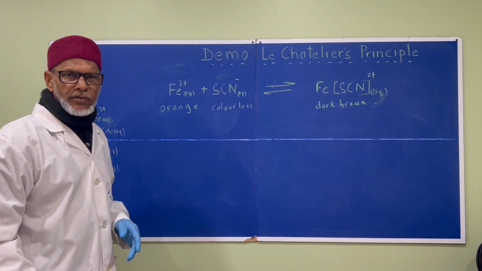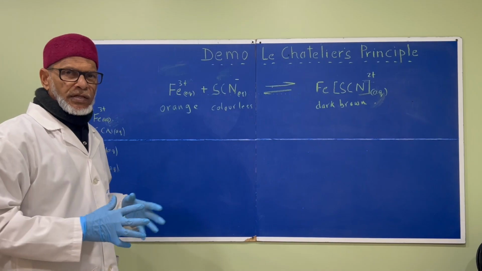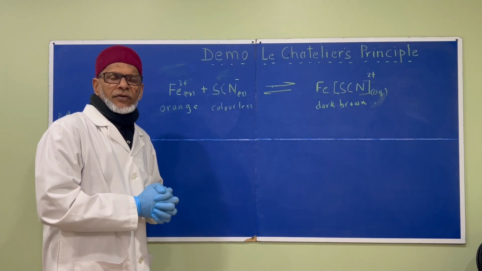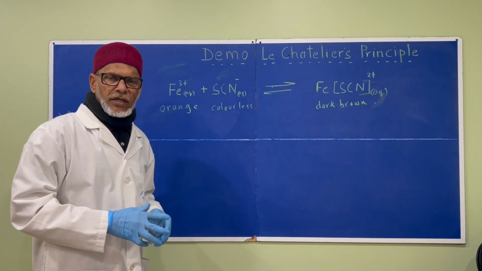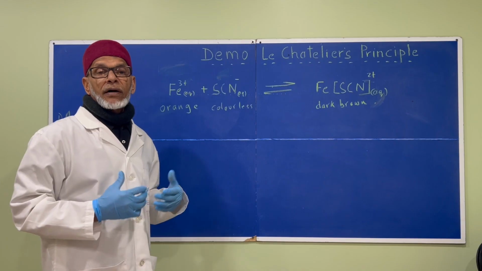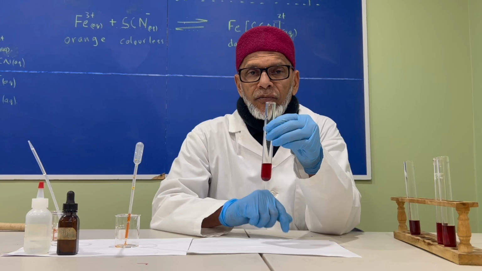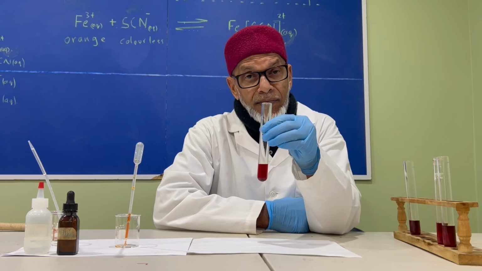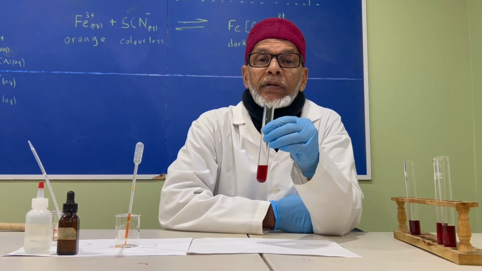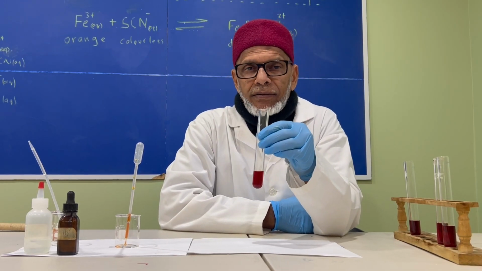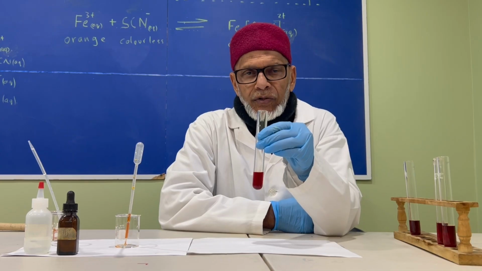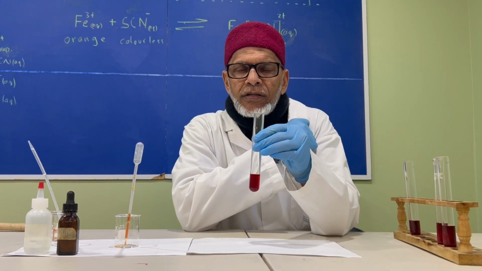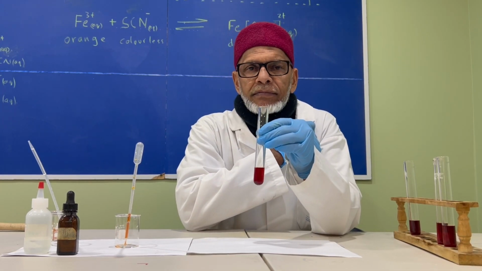So the first thing we'll do to demonstrate how the equilibrium can be shifted from one direction to the next is by adding some iron 3 ions to the mixture. So before we add iron 3 ions to this equilibrium, I want you to predict in which direction the equilibrium will shift and what color changes will be produced.